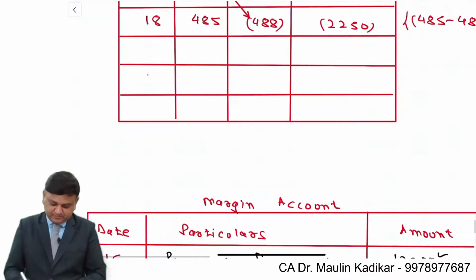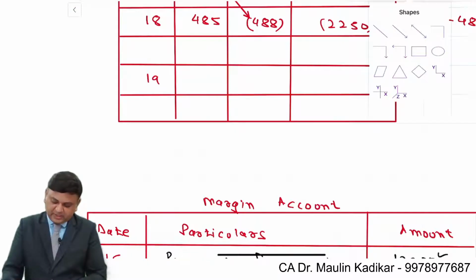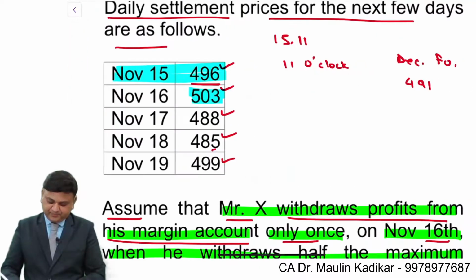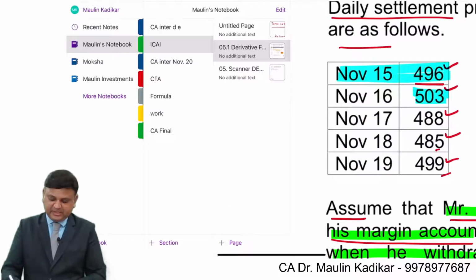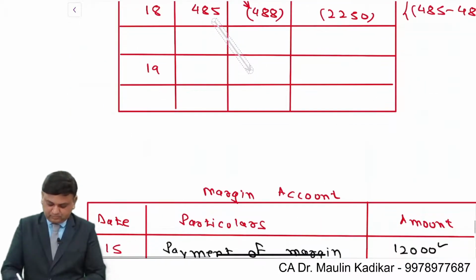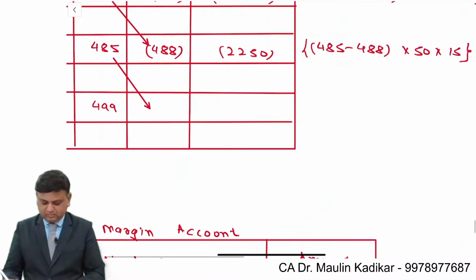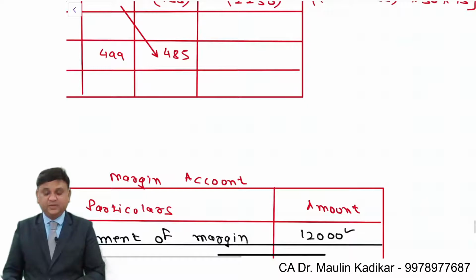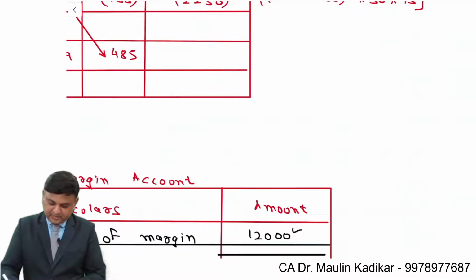On 19th, 485 will become the purchase price and this will become the sale price, 499. So there is a profit, that is 499 minus 485.